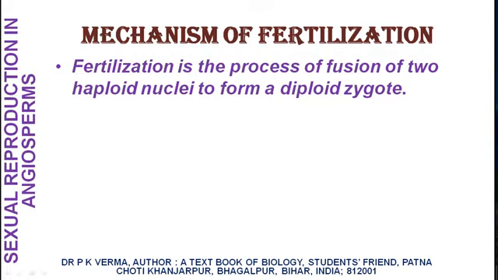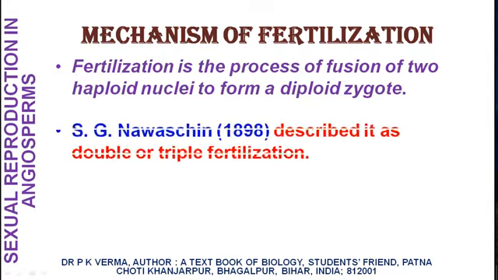Fusion of the 2 gametes to form a diploid zygote is called fertilization. Now in the flowering plant, S.G. Navaschin at first described double fertilization or triple fertilization. He found that there are 2 or 3 times fertilization in the flowering plant.